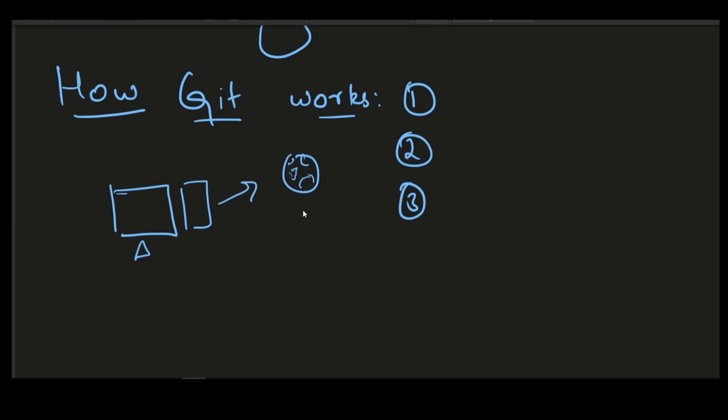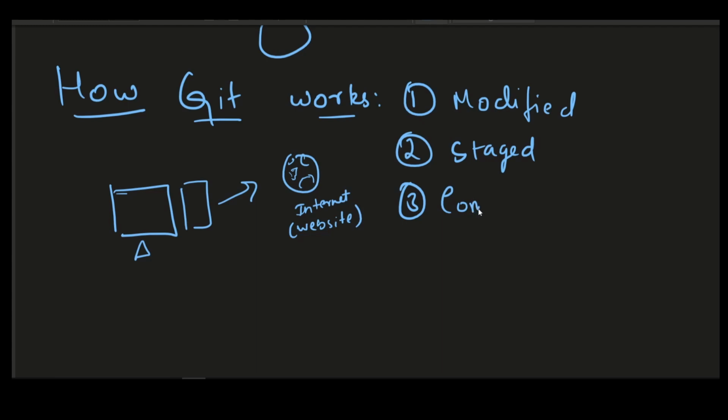It sends it to the internet in three different stages. The first stage is modified, the second stage is staged, and the third stage is committed.